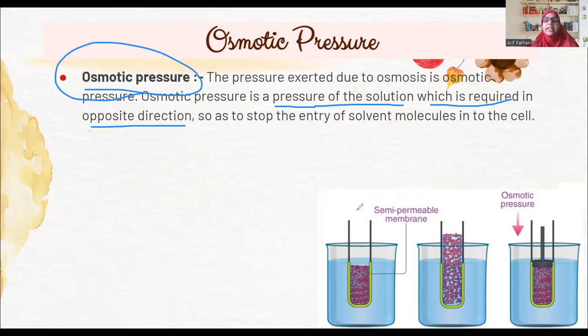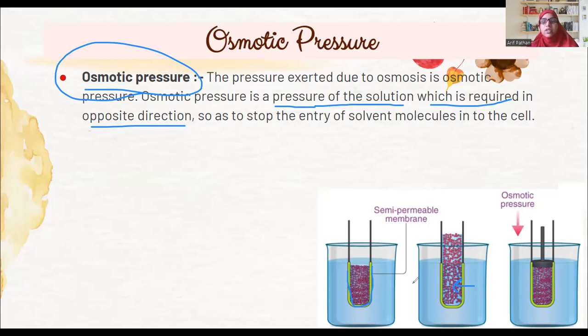As you can see in the illustration on the screen, let's say this is the semi-permeable membrane of the cell, and the water is moving inside. As you can see, the solute is concentrated over here.